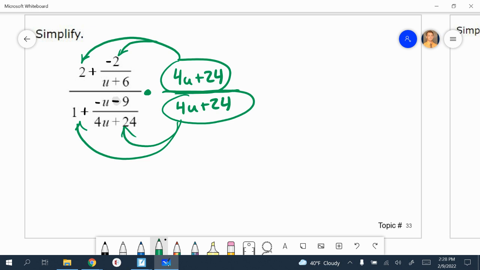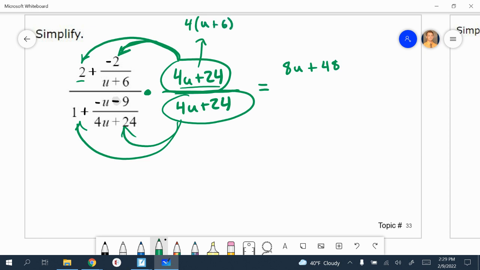So 4u plus 24, I'm going to multiply it by 2. That's going to equal 8u plus 48. And then if I take this and multiply it by the fraction, this is going to be a little bit tricky. So I'm going to show you up at the top here. If I take this and factor out a 4, that would leave me with u plus 6.